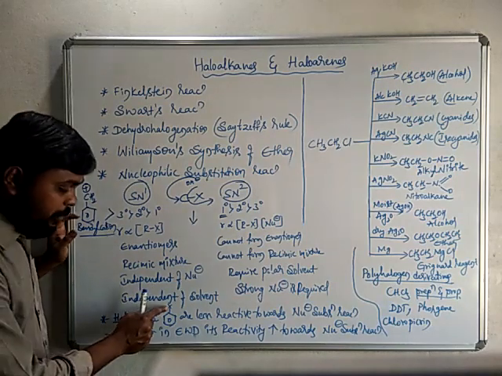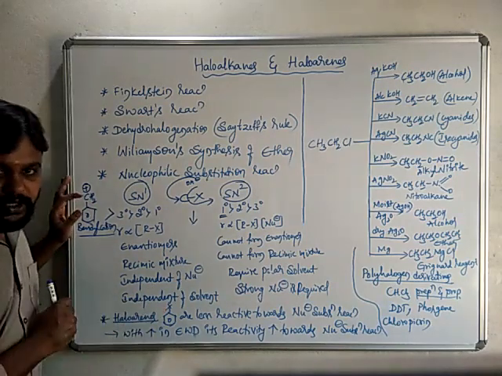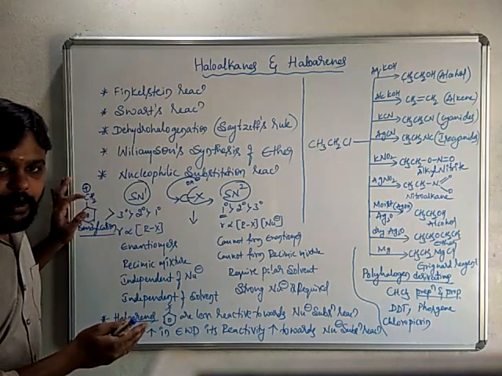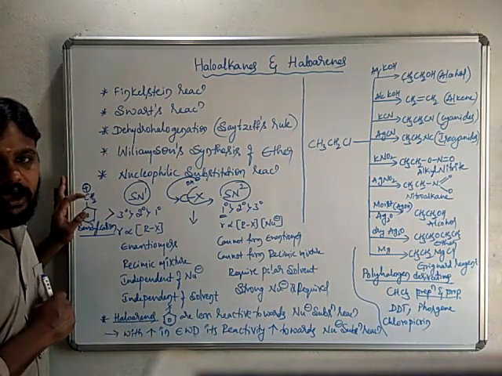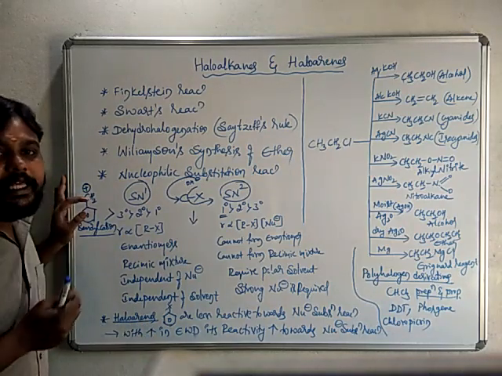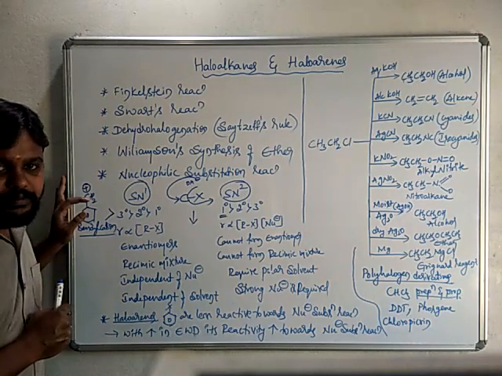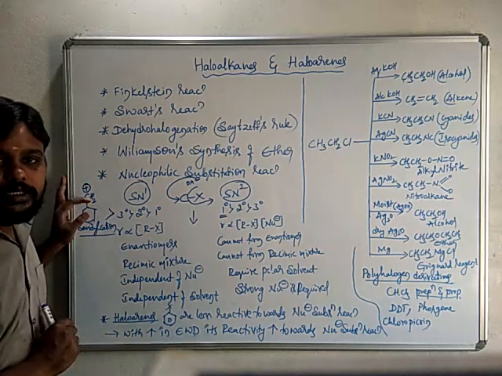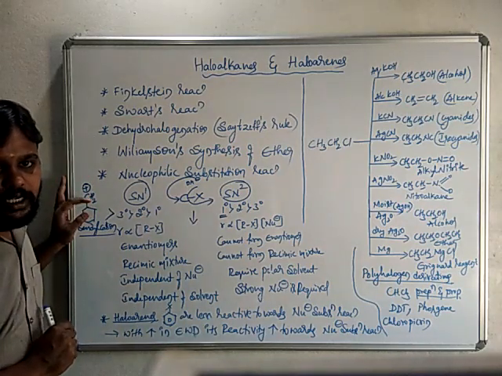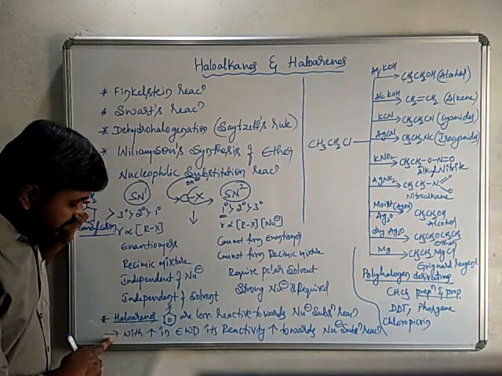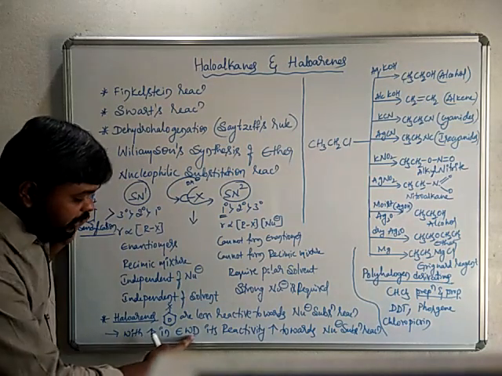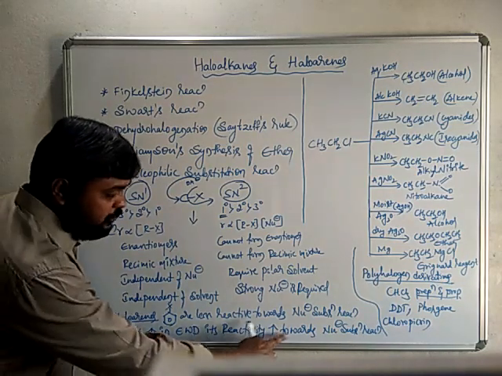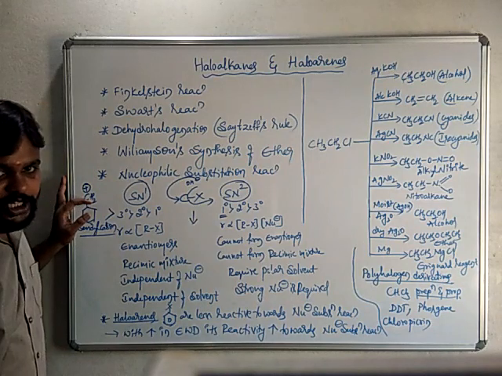So it can form a partial double bond character, and there is formation of a highly unstable phenyl cation, and the C-X bond is less polar. Because of these reasons, haloarenes are less reactive towards nucleophilic substitution reaction. However, with an increase in electron withdrawing groups, reactivity towards nucleophilic substitution reaction increases.